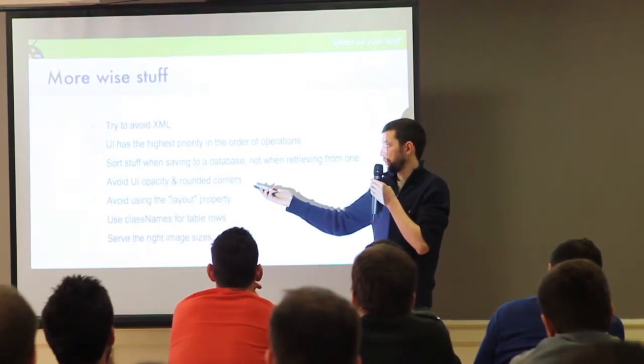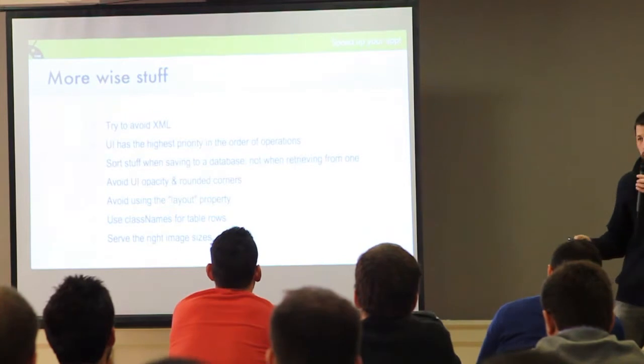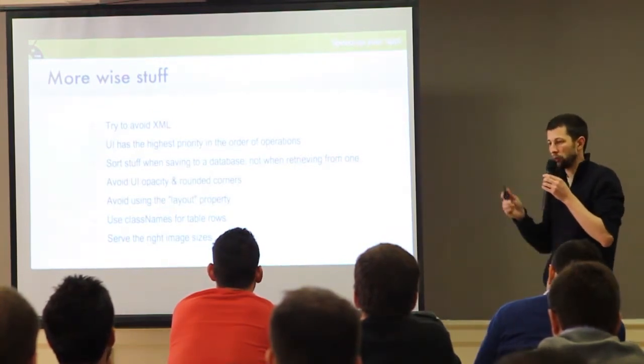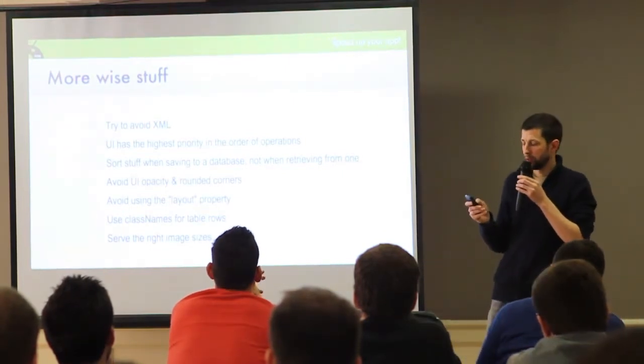From the rendering point of view, try to avoid any opacity if possible, any rounded corners, because you have a pretty button with rounded corners, and you have a table, and you start to scroll.